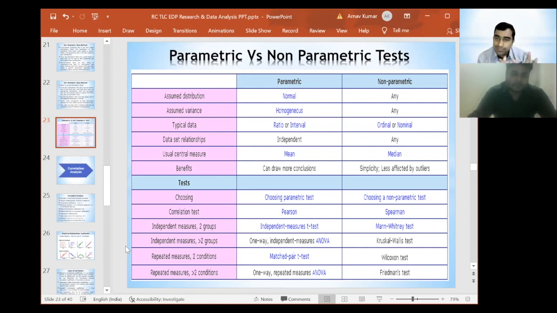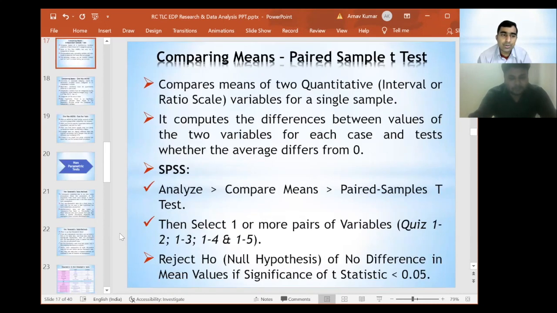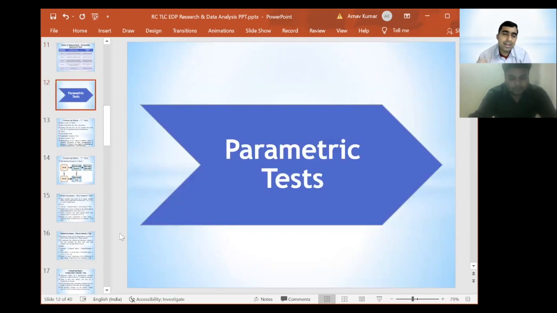So for the same set of policymakers, the same set of economists, if you ask them what their GDP growth forecast is for the next year or even for the last quarter of this year, it will differ at different points of time based on the prevailing circumstances and their expectations about the future. So that will again be repeated measures. Why repeated measures? Because the underlying sample is the same. So that's the thing. And so now let me come to the parametric techniques.